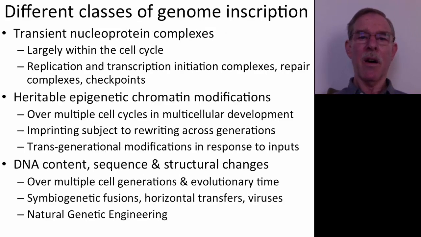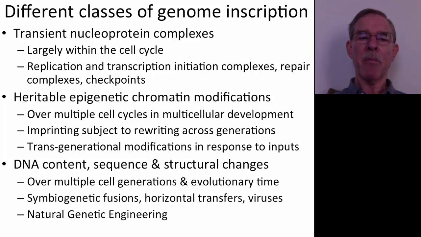Now, there are different classes of genome inscription at the three different timescales that I've mentioned. During the cell cycle, there are transient nucleoprotein complexes that are formed. These are complexes that form and then come apart.